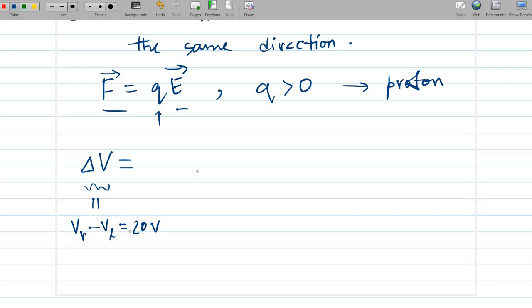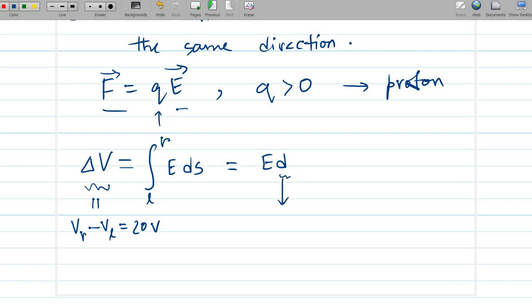So if you do the subtraction, you get plus 20. Okay, so this is simply the integral of E ds, from the left to the right, and this gives us ED, where D is the distance between the left and the right plate.